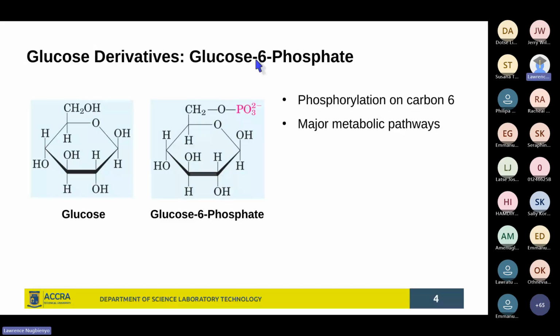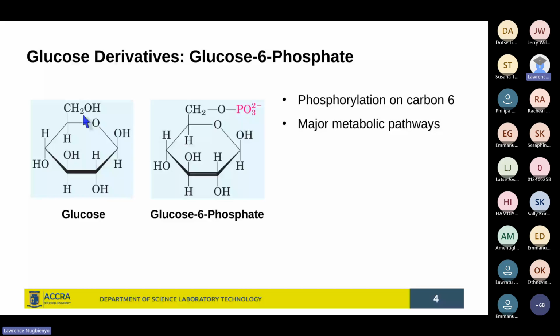Now we see the glucose molecule has a hydroxyl group on carbon number 6. That is the carbon that is out of the ring, and you see CH2OH. So that is inside the glucose molecule.